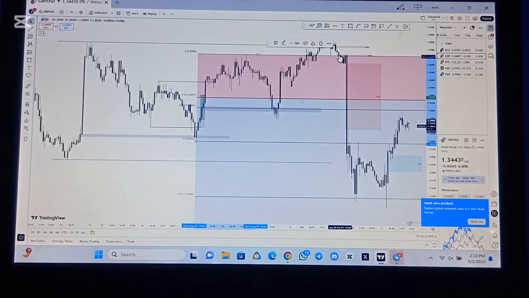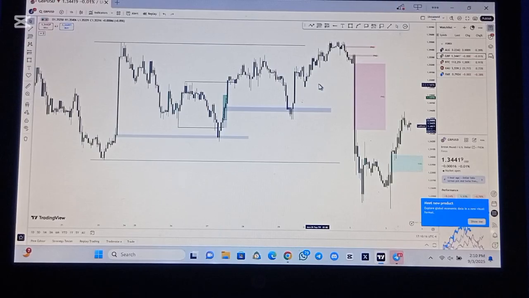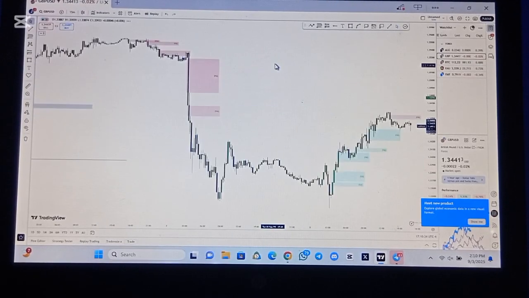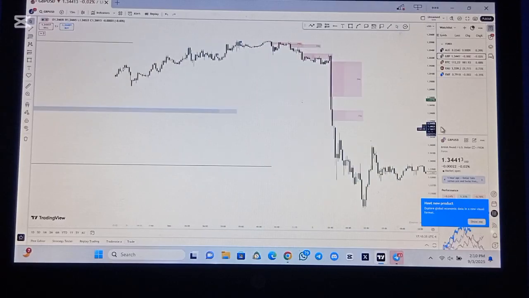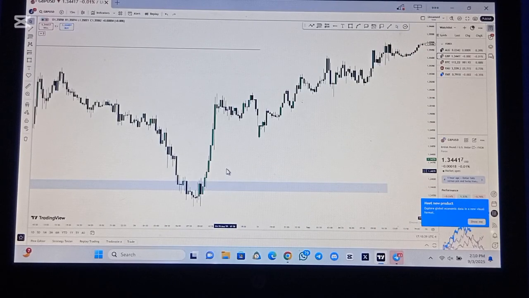That gives me more understanding and more sync to my buyers, and also a way to find an entry at the zone to take out this liquidity right here. So going down to the 15 minutes time frame, like I always do.